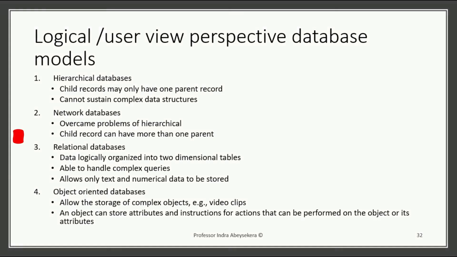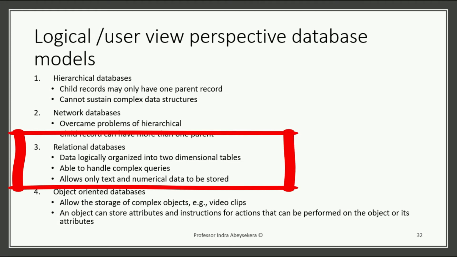The relational database follows a more logical, organized, two-dimensional tables. It has rows, and then it has columns. Columns are to represent different fields, information fields, and then the rows are to represent different records.